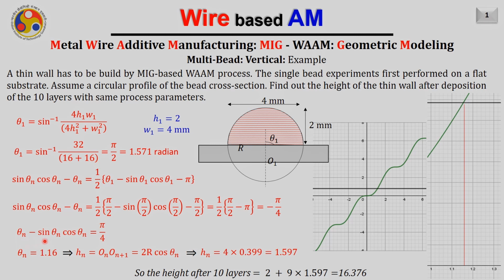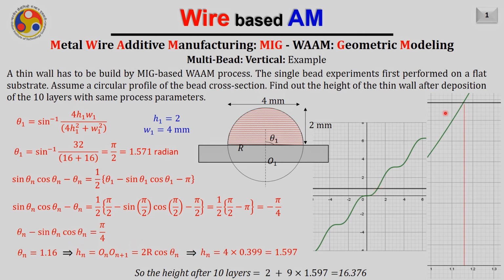Here, the left hand side curve, theta n minus sine theta n into cos theta n, is plotted in green. The right hand side, y equals pi by 4, is plotted in black. The intersection of the green and black curves is the solution of this equation.